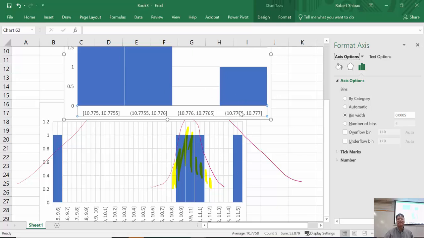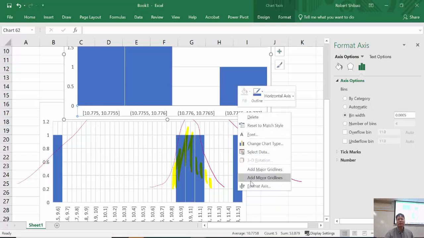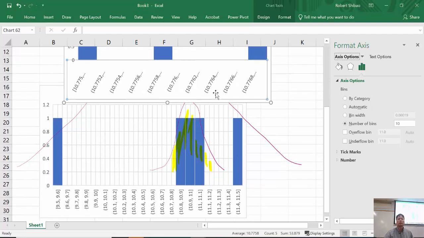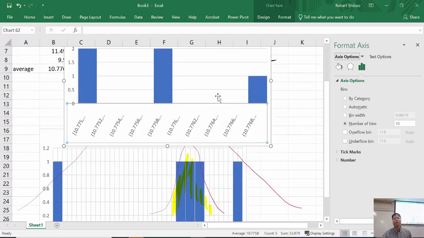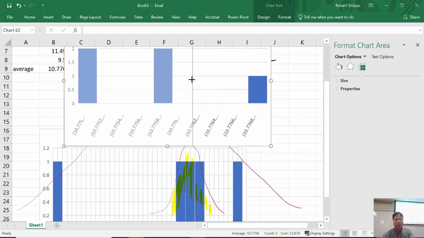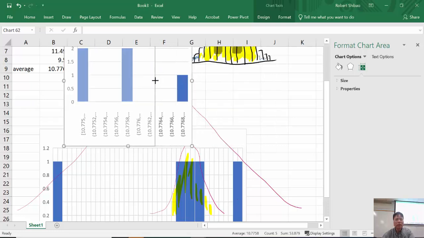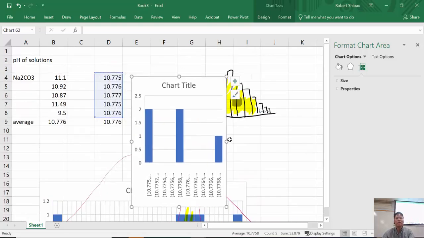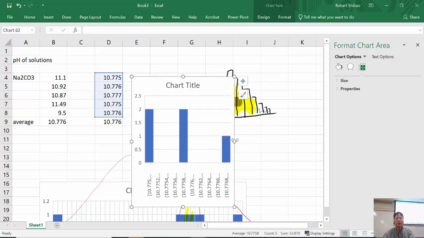So here, let me scale this a little bit. I'll have to scale this down. So here we're going to have just a much tighter distribution. Get the bars about the same size.